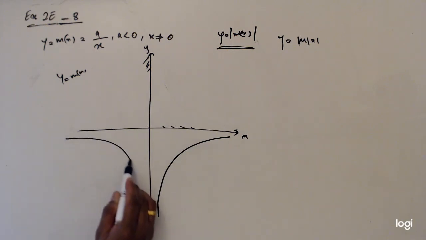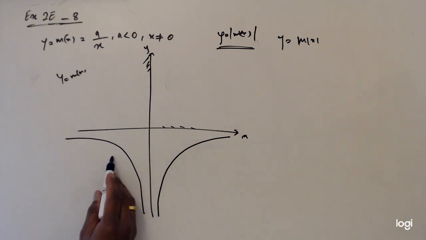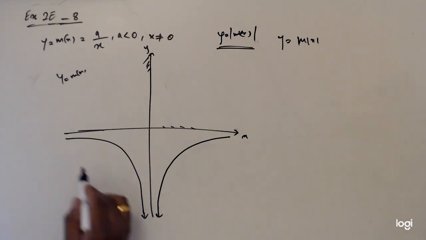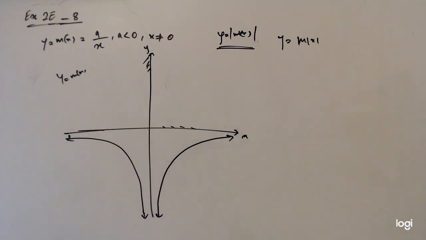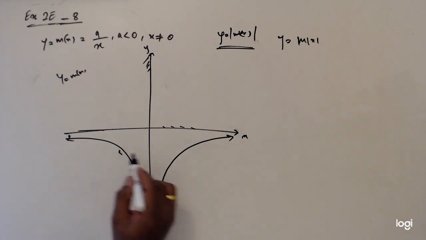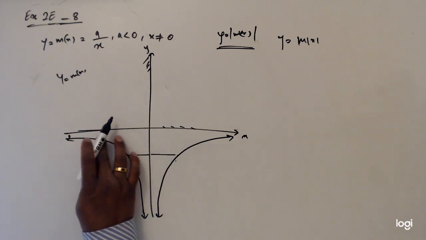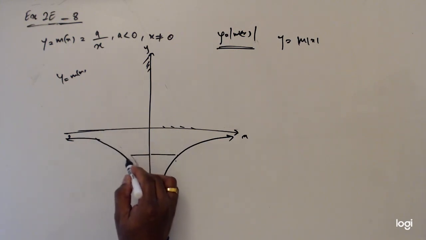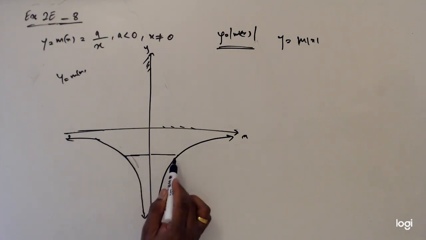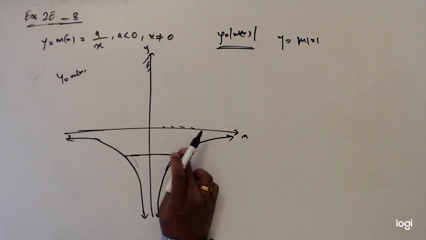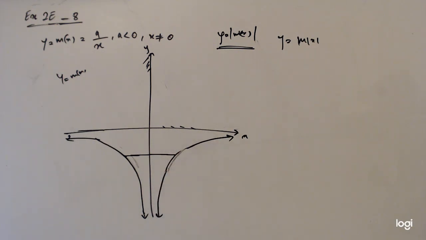So mirror reflection of this one is this. So this is the mirror reflection of this one. So this distance and this distance should be same. So I have to redraw. Yeah. So this, like this.